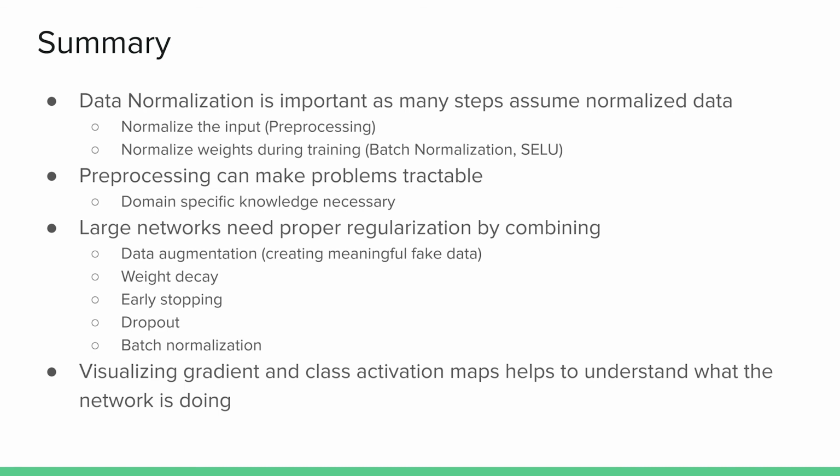Summing up today's lecture, I hope you got some ideas for how you can fine-tune and improve your networks by using data normalization, as it is a very important preprocessing step, because many parts of our neural network, like initialization algorithms, rely on the assumption of having normalized input and having normalized weights during training. Batch normalization and SELU can be mechanisms to enforce this.